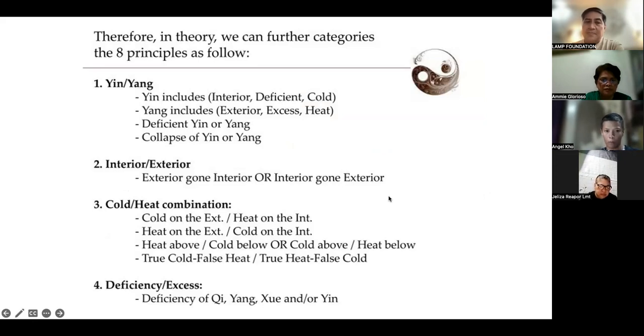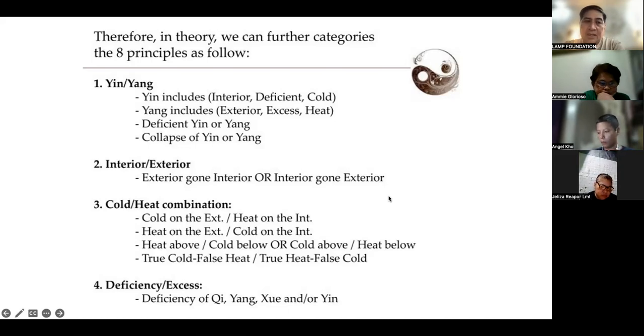So yin includes interior, deficient, cold. Make sense? Ang yang, opposite. Exterior, excess, heat. Okay? So you can have deficient yin or deficient yang. Pwede ka rin magkaroon ng collapse of yin or collapse of yang.